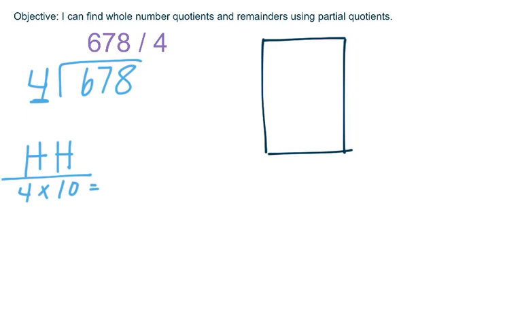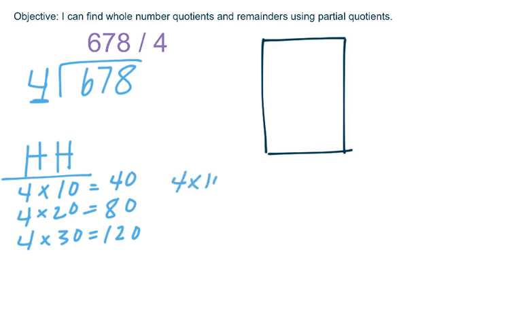So I'm going to start with 4 times 10, and go ahead and do 4 times 20, 4 times 30, because I know that I could do my 4 facts pretty quickly off the top of my head, but it's these other ones that are going to give me a good visual of larger numbers that I can be pulling from, because if I just pull single digits, it's going to take me forever to do 678. And now I'm going to step up my game, and I'm going to go not just times 10, but times 100.